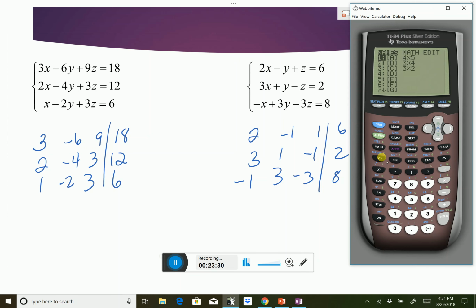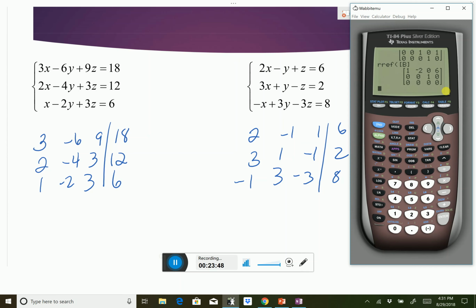Okay, once that is in, let's quit out of there. I'm going to go to matrix math, and I know where it is now, so I'm going to go alpha apps for B, RREF, and matrix B is the one that I put that into. Now you see what happened.